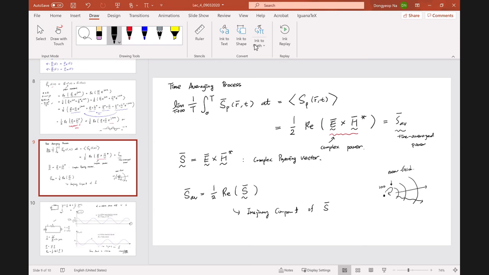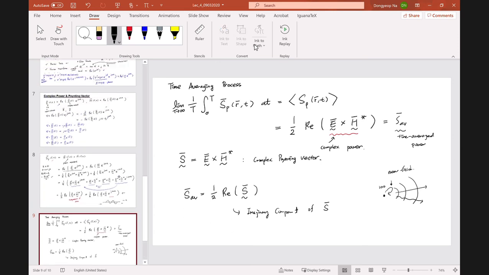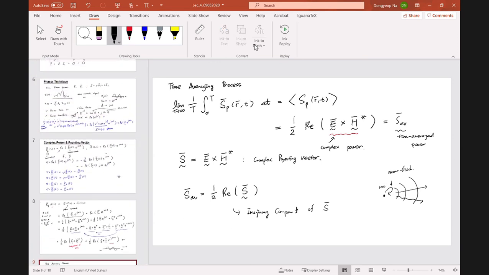Thanks. And I have a similar question on the physical meaning of the imaginary part of the Poynting vector. And basically, why don't we use the sine instead of the cosine when considering the phasor technique? Those are two separate questions.